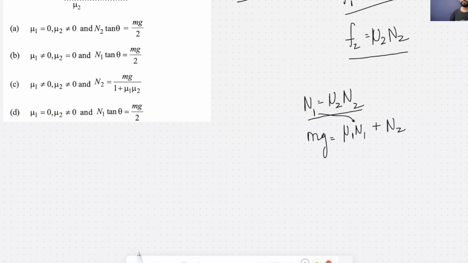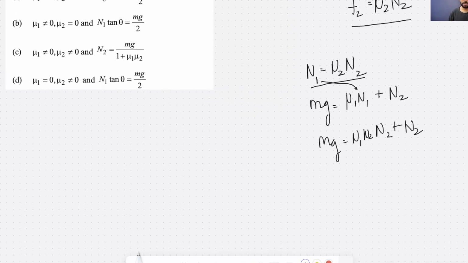So when I put the N1 value, mg is equal to mu1 mu2 N2 plus N2, right? Now you see N2 is common, so I would take it out. mg equals N2 times 1 plus mu1 into mu2.